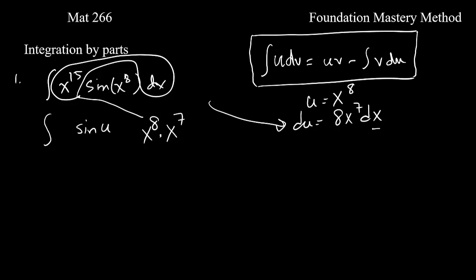Now we have x to the 7th dx, which we can replace with 1/8 du, and then the x to the 8th is exactly u. So our integral now becomes 1/8 times u sine of u. And now we're ready to use integration by parts.